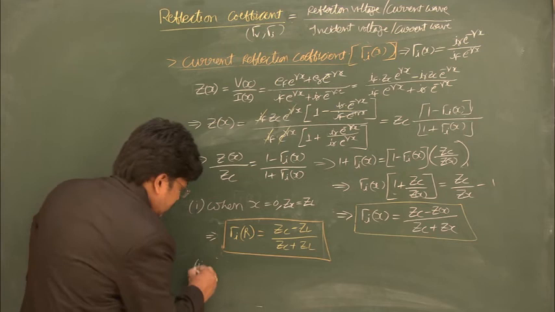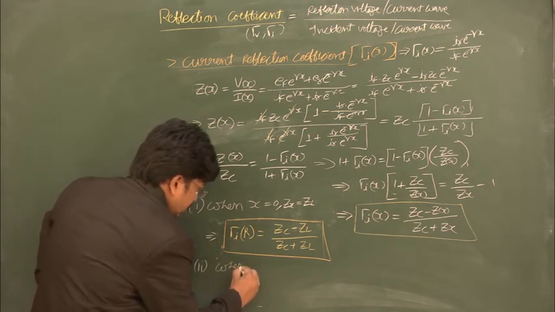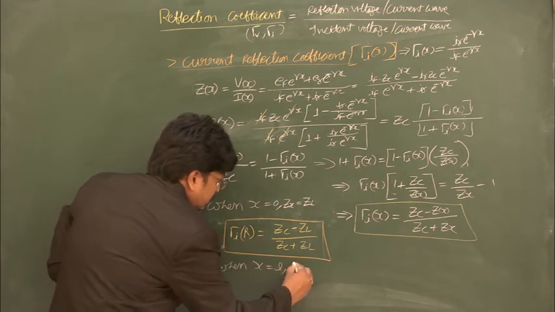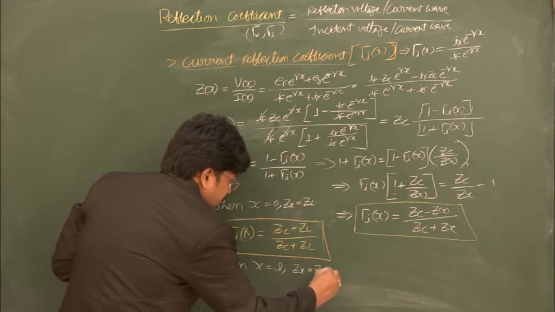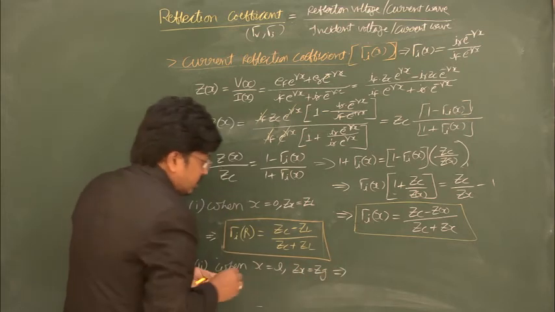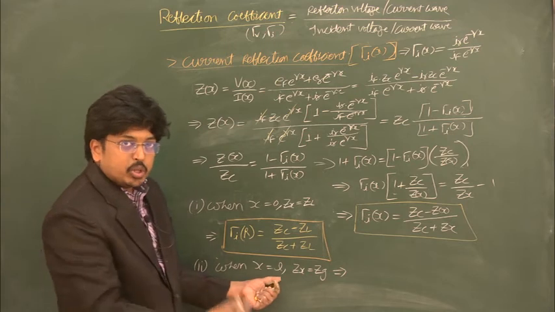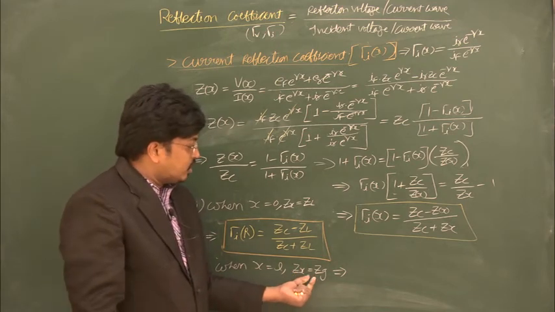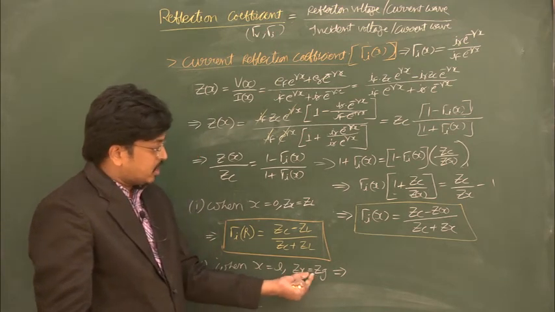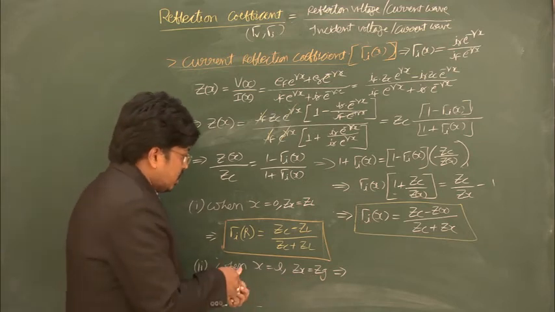Similarly, the second condition: when x equivalent to L, the position is at the sending end side and zx becomes the sending end impedance zg.